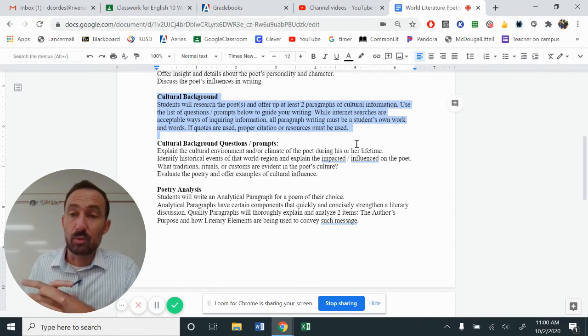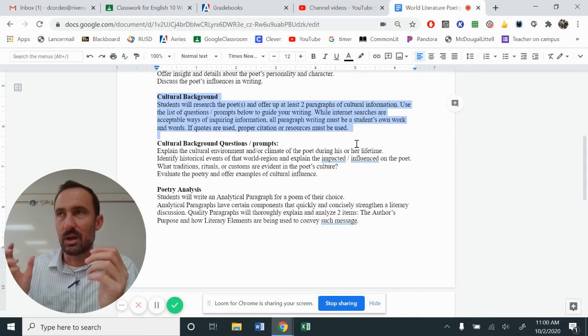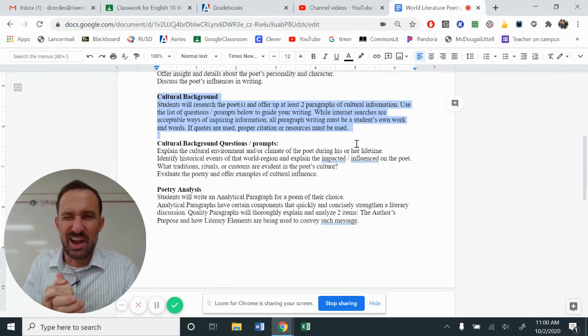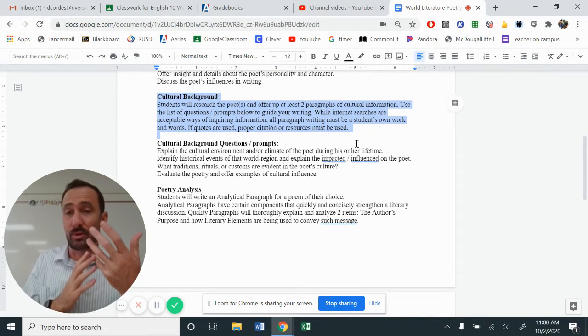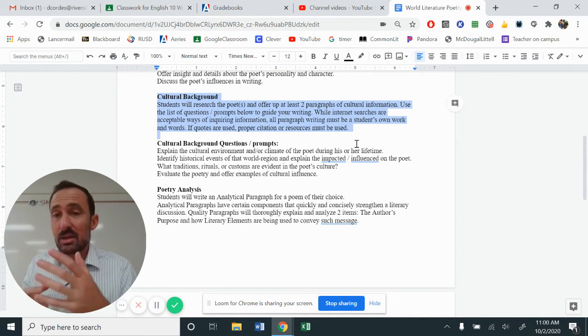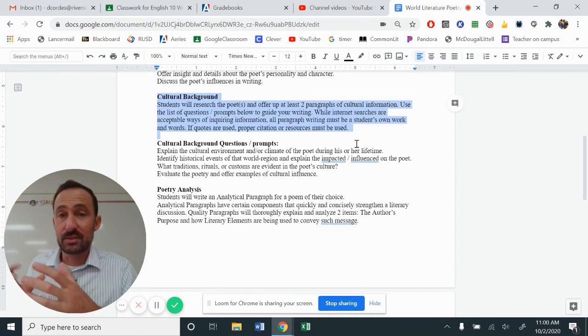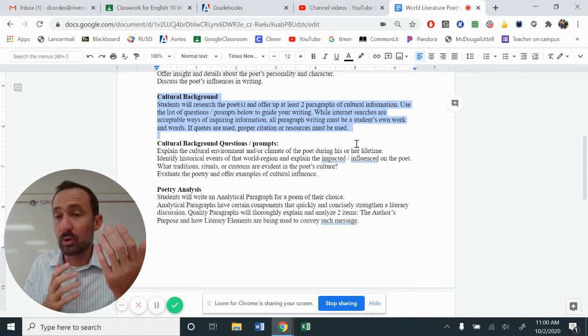One of the biggest things that Rwanda has experienced within the last half century would be the genocide, okay, which was actually in the 90s, I think, late 80s, early 90s. That genocide comes through with their poetry. That genocide devastation, the deaths of so many, comes through their poetry.